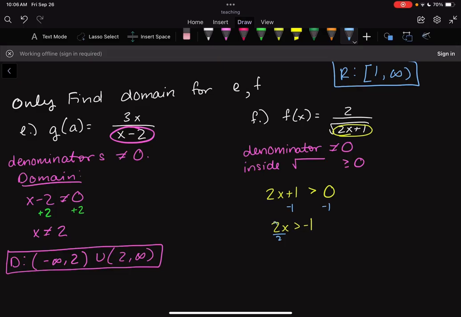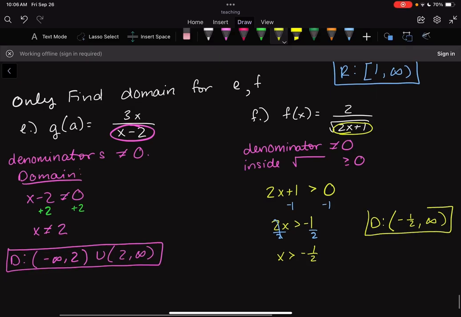Divide by 2. I get x has to be greater than -1/2. In interval notation, so parentheses, because no equal to bar, -1/2 to infinity. So for this one, we just kind of had to put them together.